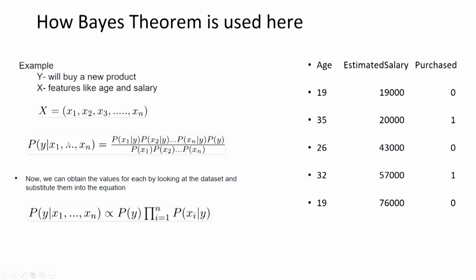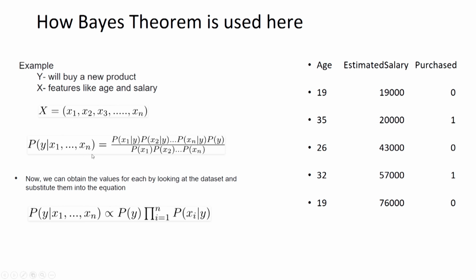In the case of x written as x1, x2 up to xn, in naive Bayes classification the assumption is that all these independent variables x1, x2, x3 and so on are independent of each other.